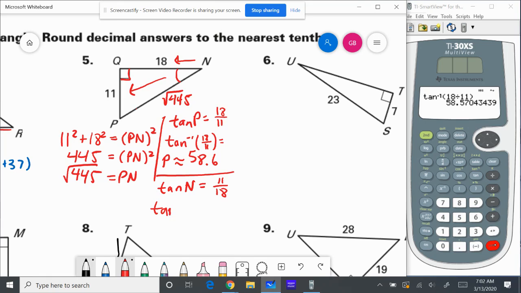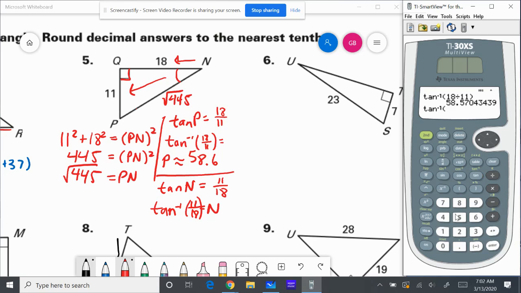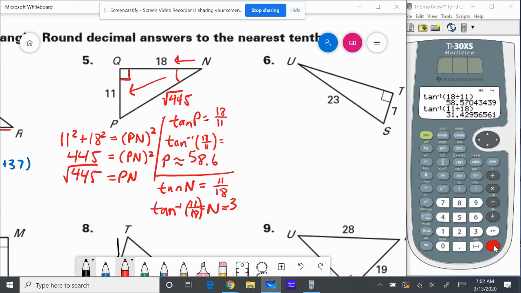So the tan inverse of 11 over 18 is equal to N. And that's approximately 31.4. Okay, so notice that both angles have to add up to 90 degrees. You might be a little off because of rounding errors, but that should be the case.